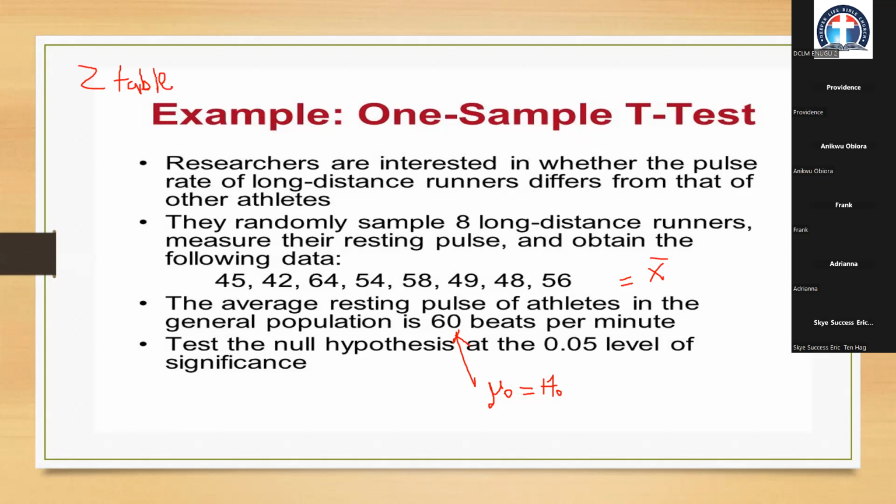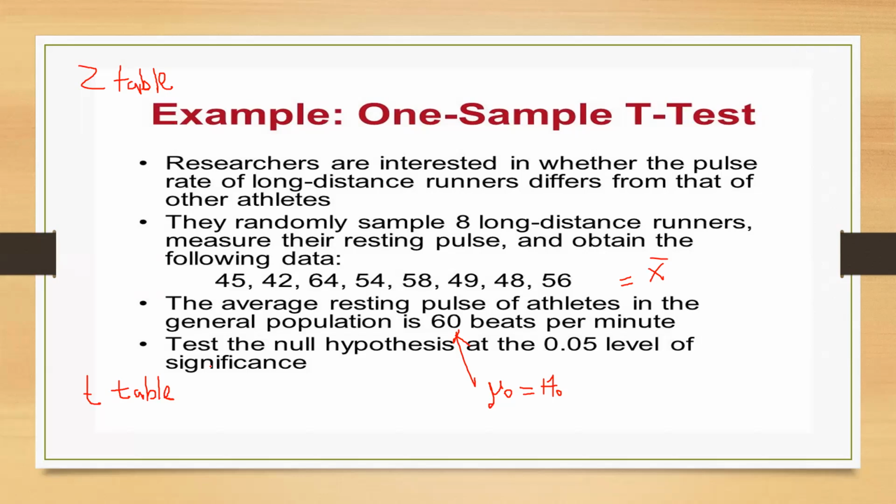The same way we have what we call the T table, which is different from the Z table. When you go to Google, type T table, T distribution table, you will see the T table. That is what we go and check when we are dealing with the T test. We don't go to a Z table.